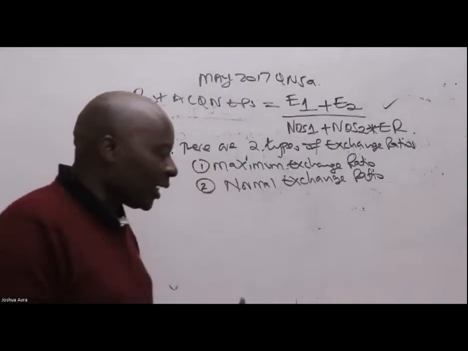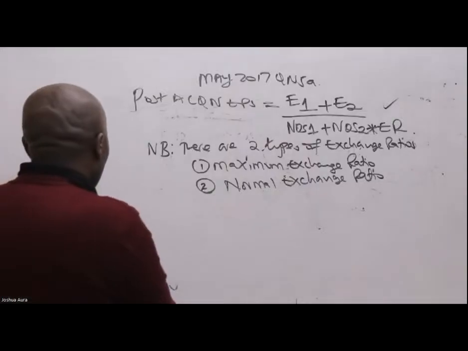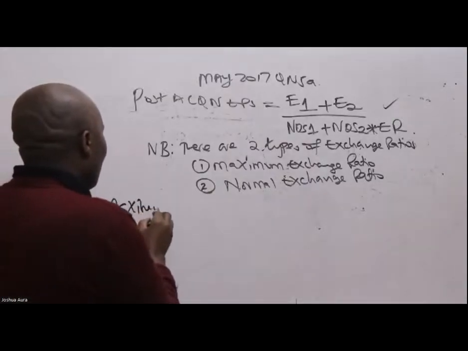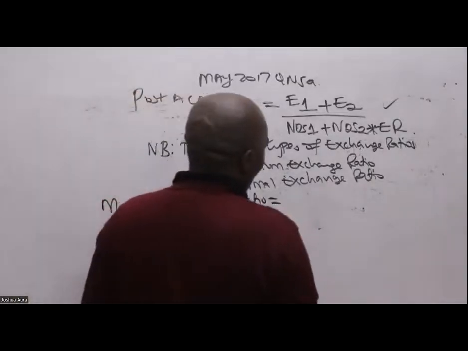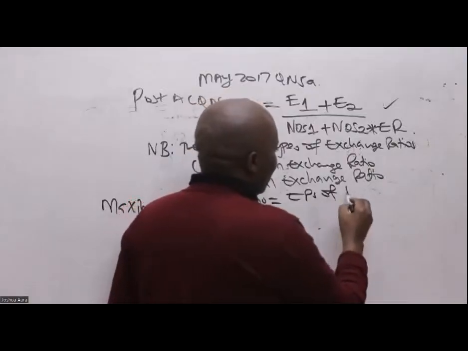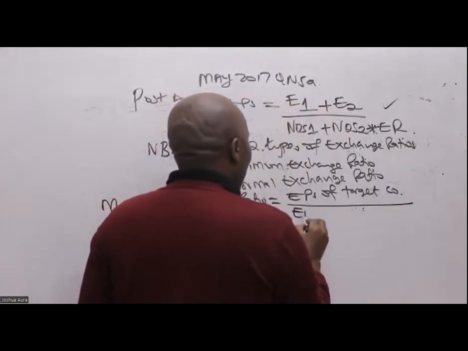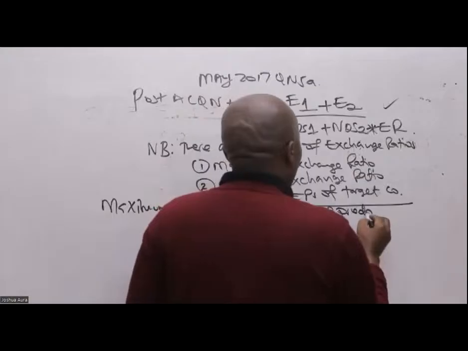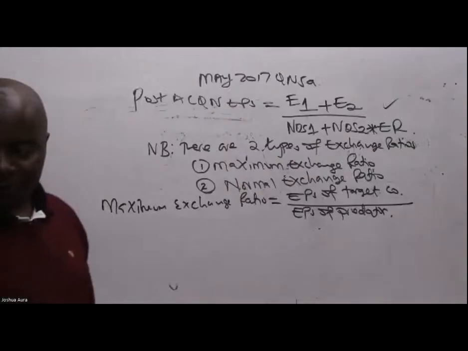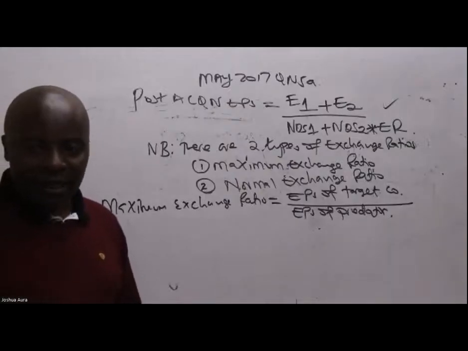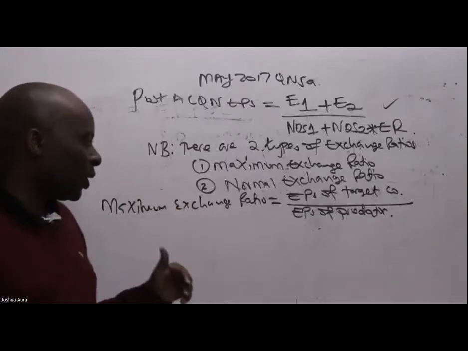Maximum exchange ratio equals EPS of target company all over EPS of the predator. That's maximum exchange ratio. Unless the examiner specifies that they want maximum exchange ratio, I'll always think of the normal.